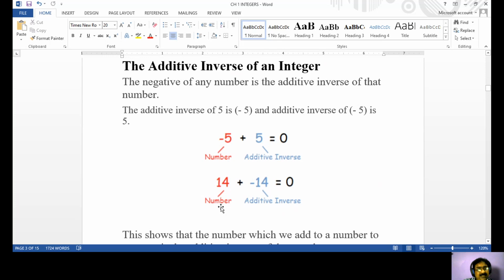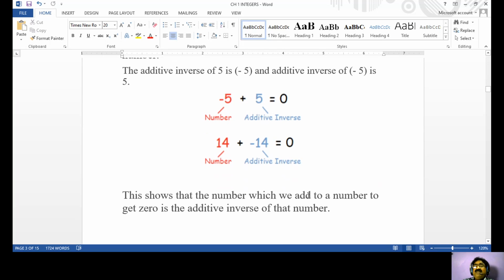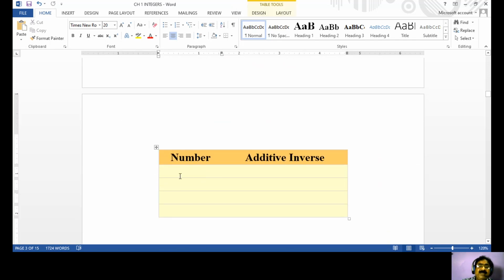Here the number is 14 and the additive inverse is -14. If we add 14 and -14, it will also come to 0. So this shows that the number which we add to a number to get 0 is the additive inverse of that number. Children, some examples. Suppose 56 is the number, then the additive inverse of 56 will be -56. The number is 679, the additive inverse will be -679.